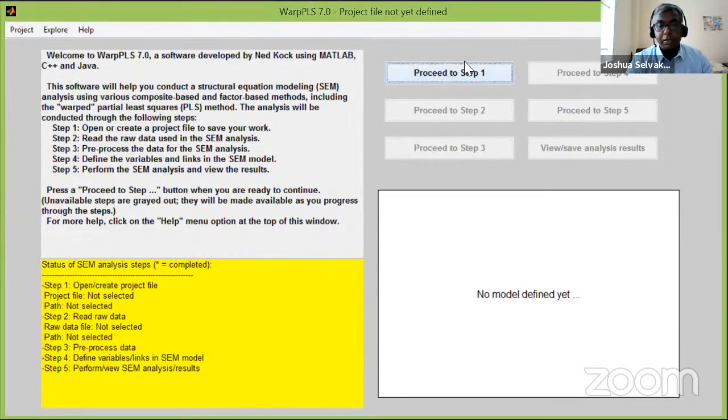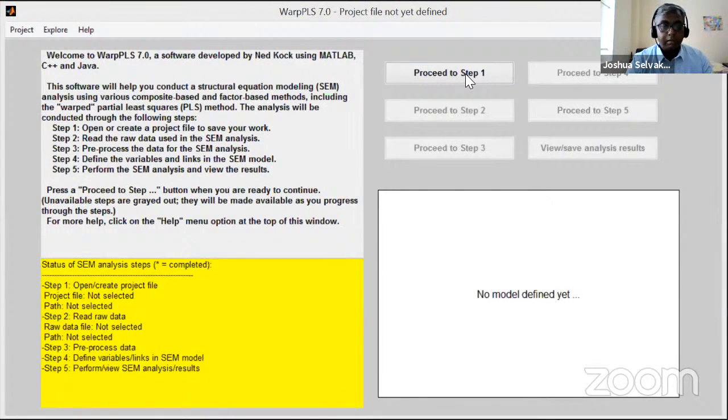Stage 1, create project file. Step 2, read from file.